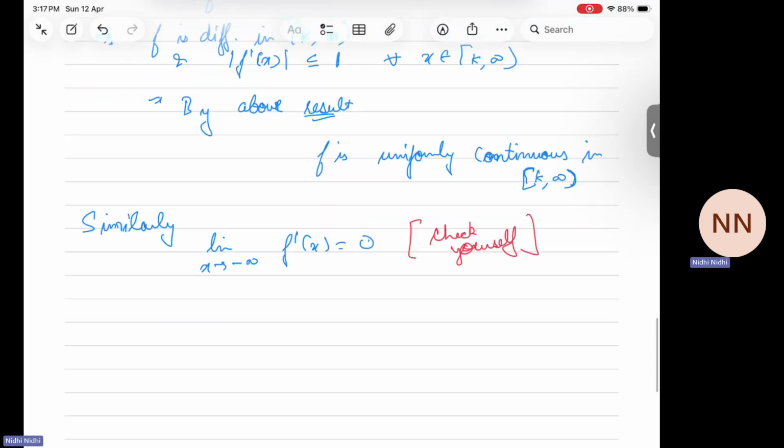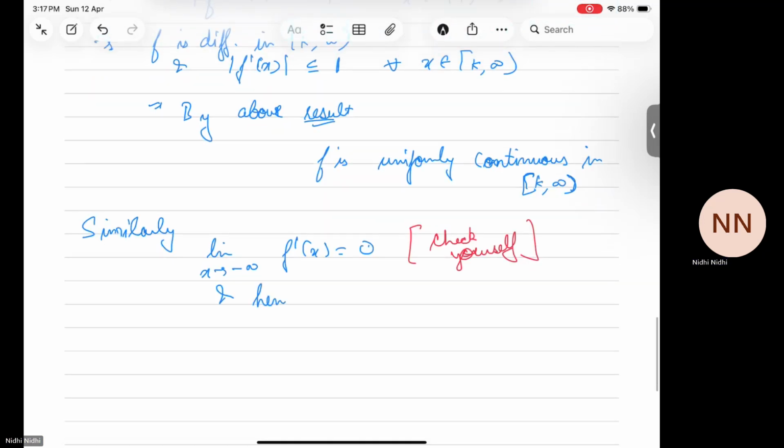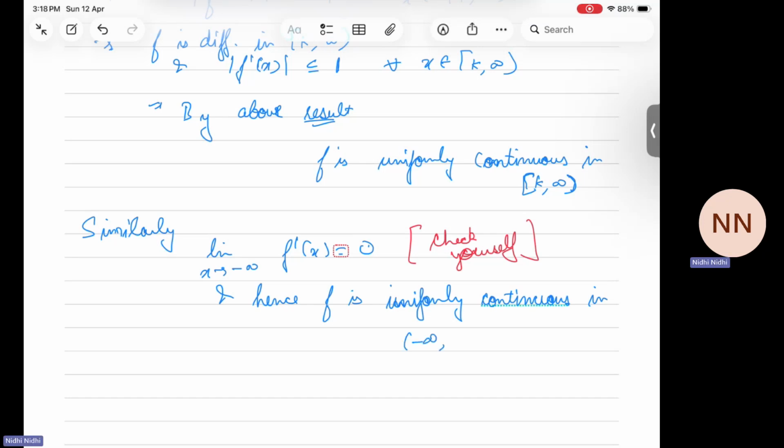And hence, exactly as done above, f is uniformly continuous in some minus infinity to say, what do we take, k, t, suppose t. Whatever this t can be small enough, that's not our issue.